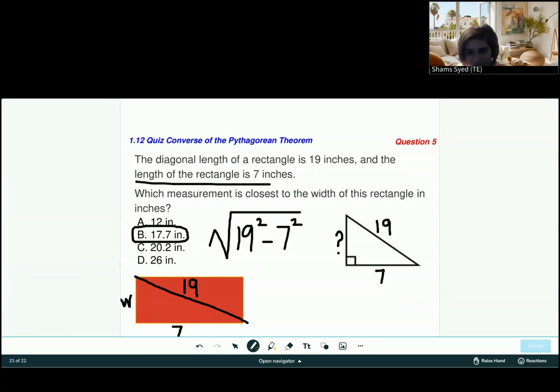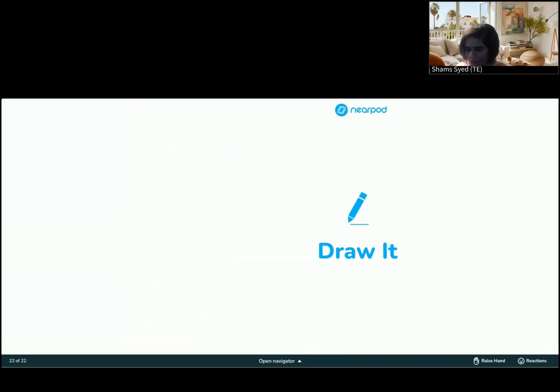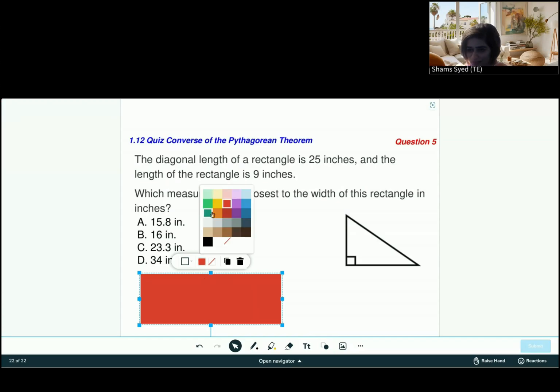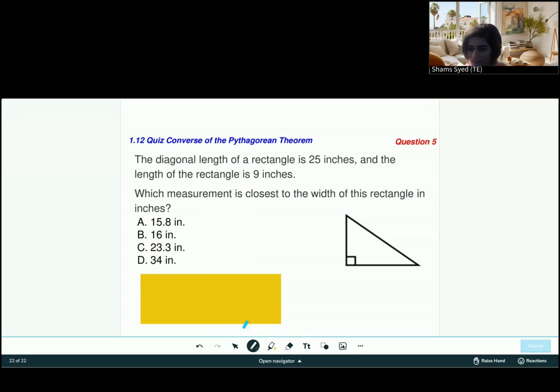Let's move on to the last variety of question 5. All the questions are quite the same, just the numbers they're using are slightly different. They're talking about a rectangle. The question says the diagonal length of a rectangle is 25 inches.